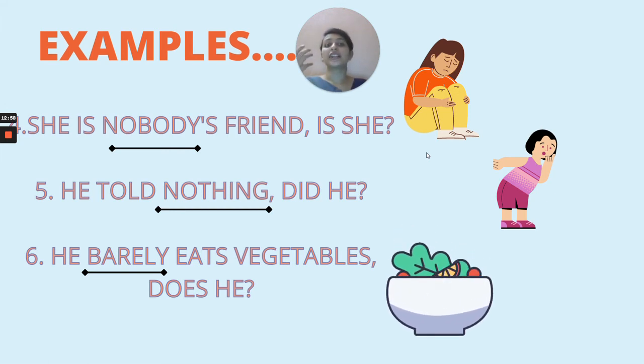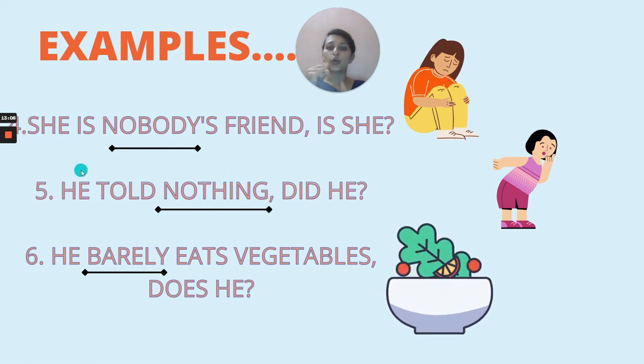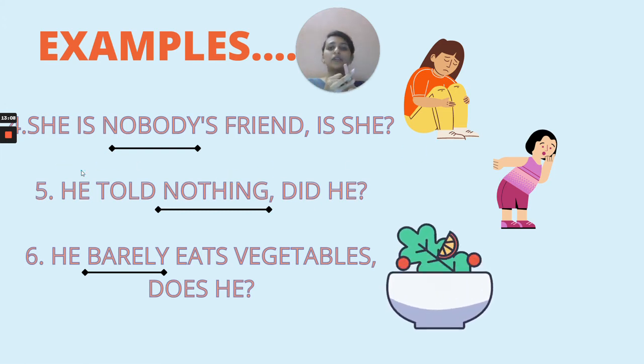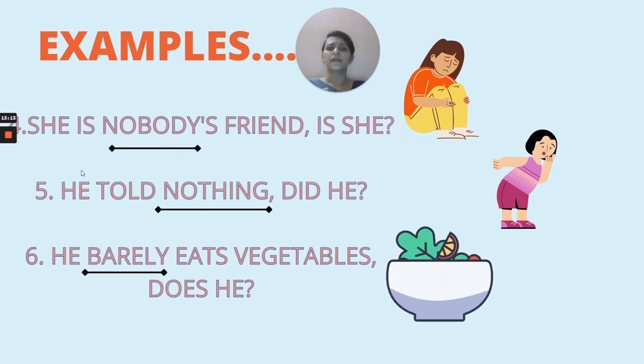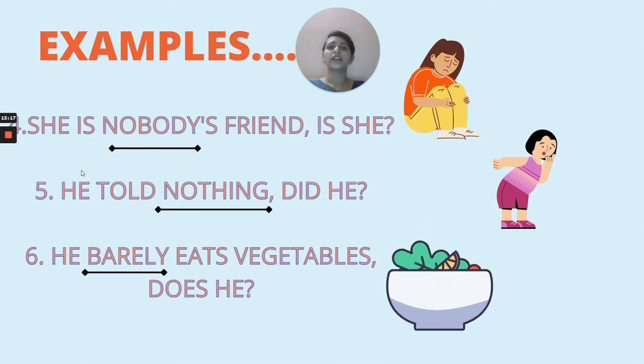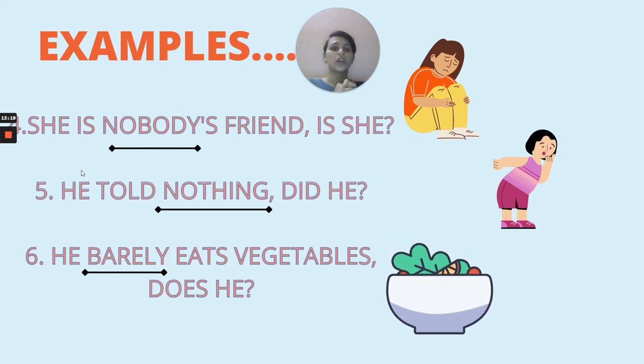Then if it is in the simple present tense, that means something that is happening now, you will use don't and doesn't. He likes cooking, doesn't he?